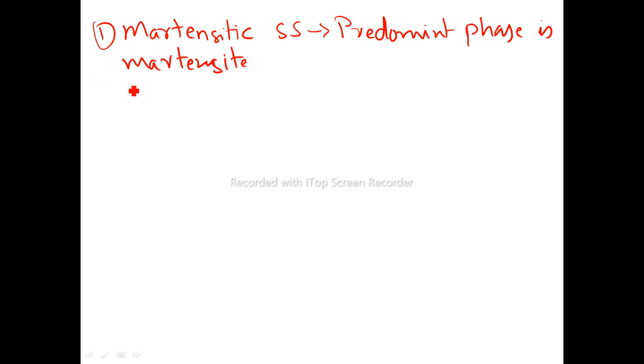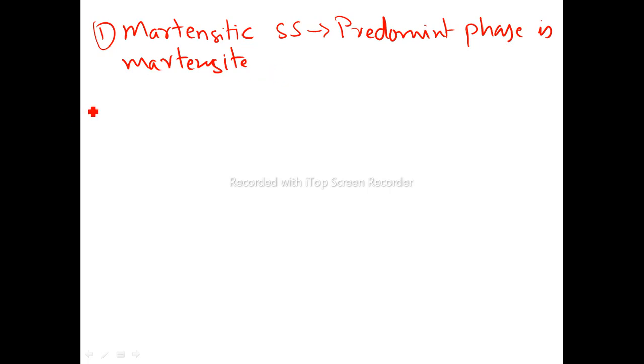As we know, Martensite is very tough and more corrosion resistant. Hence, it has a wide application, and heat treating this Martensitic stainless steel gives us more applications.